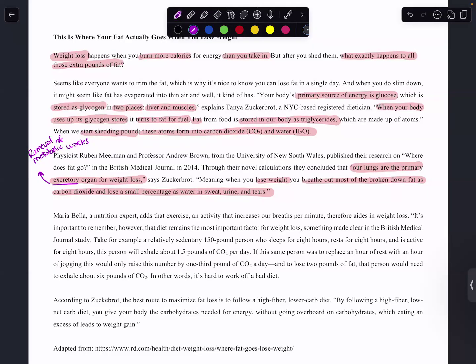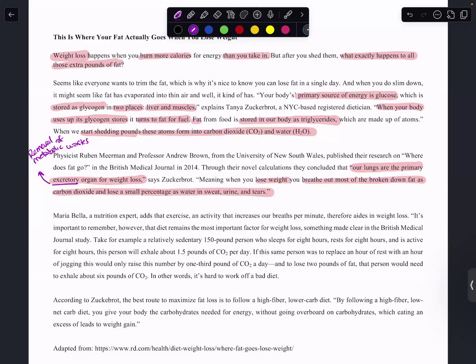And when we talk about metabolic waste, we're really talking about carbon dioxide, water, urine, sweat, just byproducts of respiration that our body is constantly trying to get rid of, salt, things like that. Not feces, right? That's not metabolic waste. That's digestive waste. That's undigested waste, which is a little different, okay?